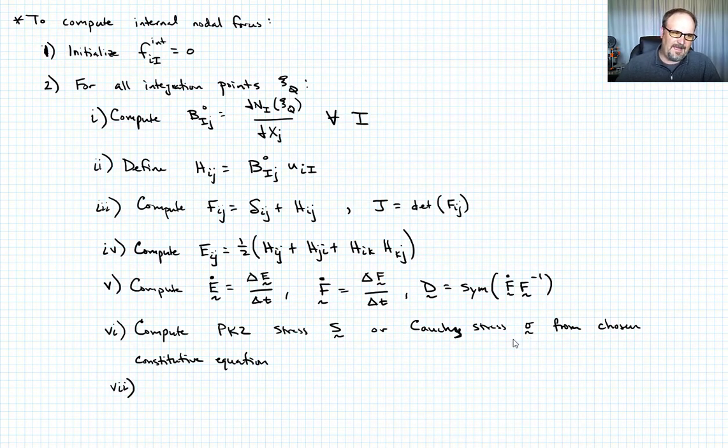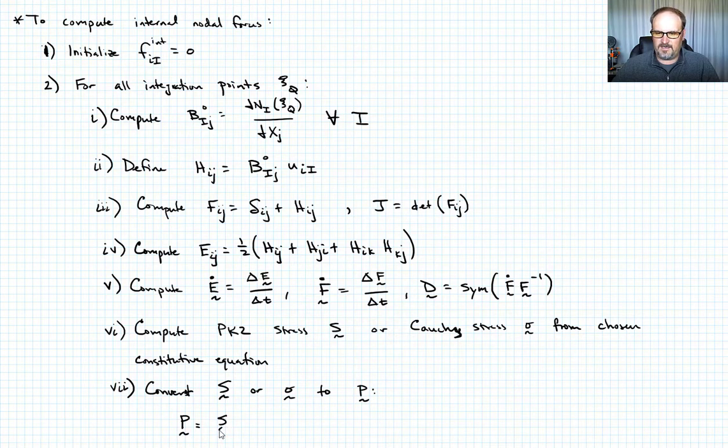We have to convert that back to P, using the equations either that P is equal to S times F transpose, or that P is equal to J times F inverse times sigma. Either of those. So now that we get P, we can go back and make our substitution.